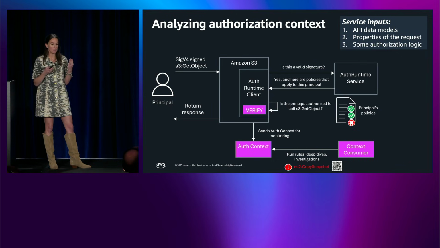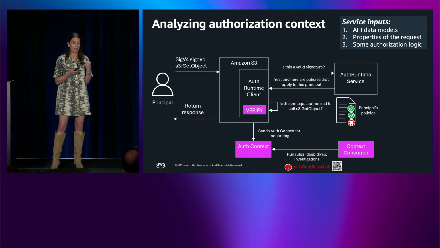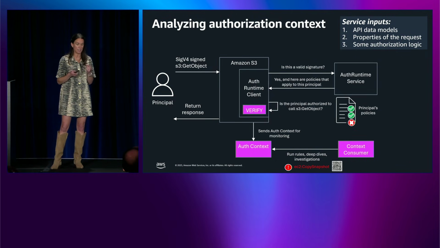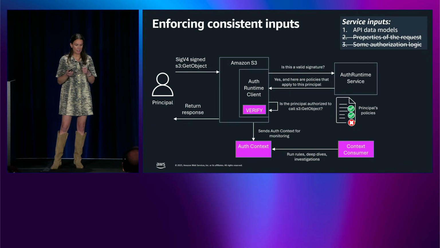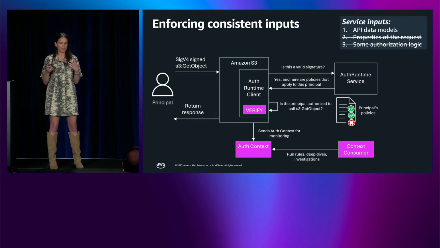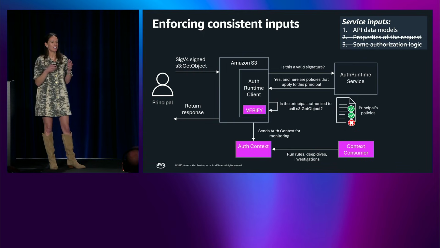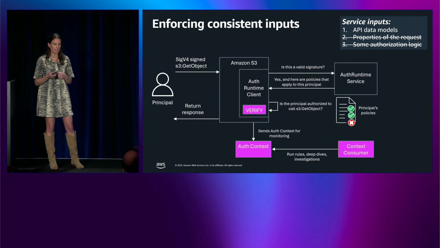And then the service also provides the authorization logic for some scenarios, like the EC2 copy snapshot scenario. And our thought process was, that was just it. We needed to reduce the number of things that we rely on the service for. We needed to do that to avoid some of these inconsistencies.